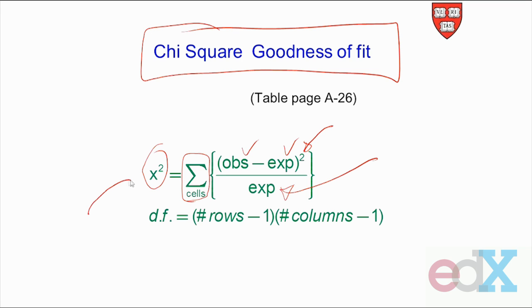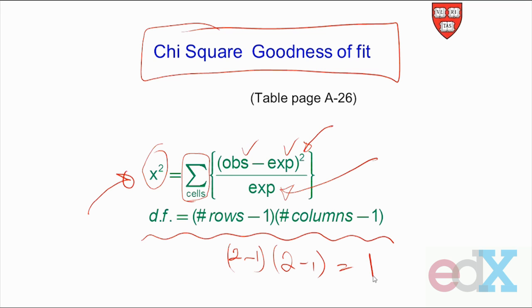This is the chi-squared statistic that gets compared to a chi-squared distribution, and just as with the t, we need degrees of freedom, and degrees of freedom are calculated as the number of rows minus 1 times the number of columns minus 1. In this case, it was a 2 by 2 table, so it's 2 minus 1 times 2 minus 1, which is equal to 1.